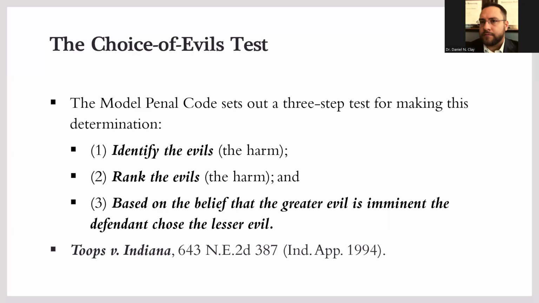What's the other evil? Human death. Rank them. Which is more severe? Human death or breaking into somebody's property, invading privacy? Human death. And as long as you choose the lesser of the two, in this case, breaking and entering, then it's a perfect defense. If, however, you choose the greater, then that becomes a problem.